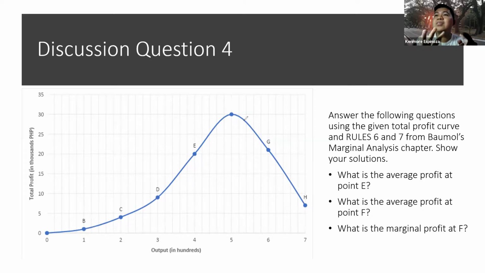Yun yung kinukuha ng calculus, diba? So when you get the derivative of something, you can differentiate that value for any small change in your Q, and you would be able to get that is 0.